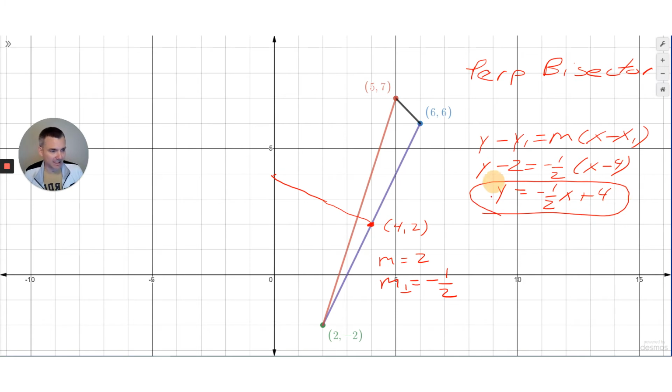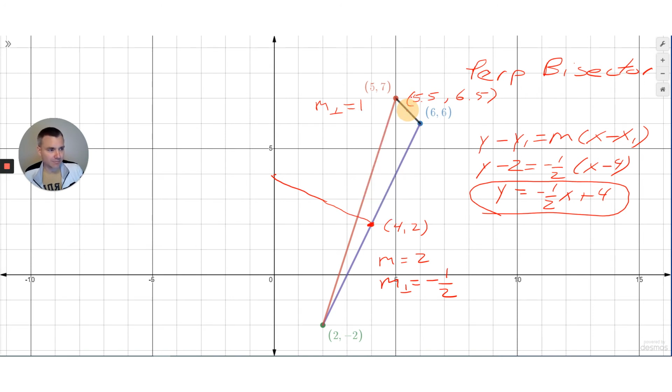Now we need to find a second perpendicular bisector. Let's find the perpendicular bisector for the line that connects (5, 7) and (6, 6). First we find the midpoint, which has coordinates (5.5, 6.5). Then we need to find the perpendicular. Perpendicular to the slope of -1 is a slope of +1, so the slope of my perpendicular line is 1.